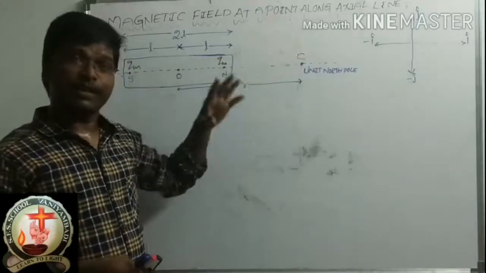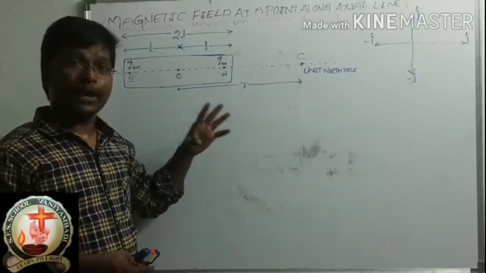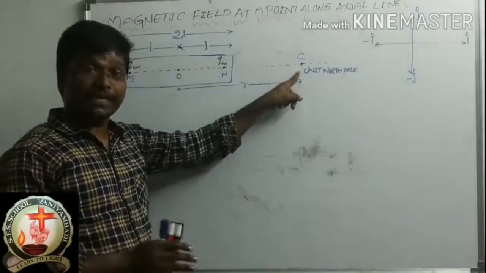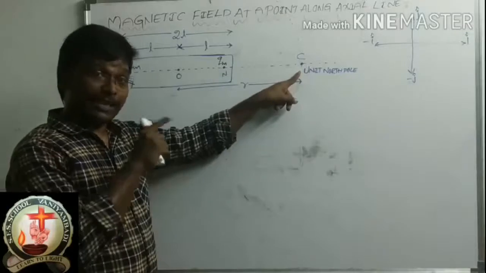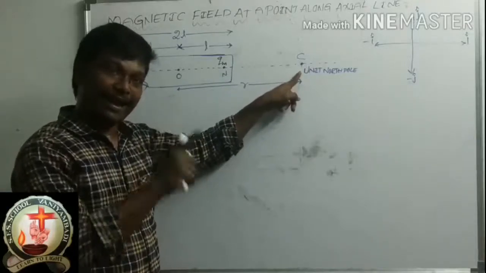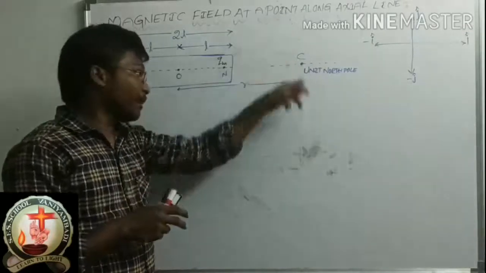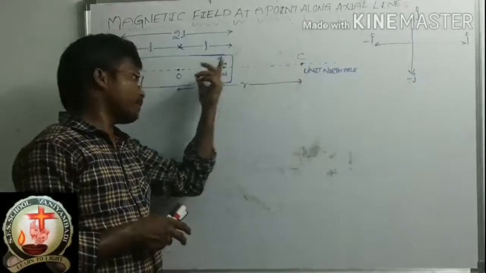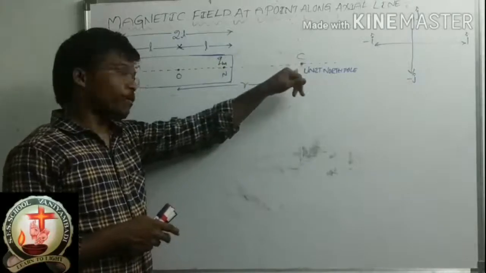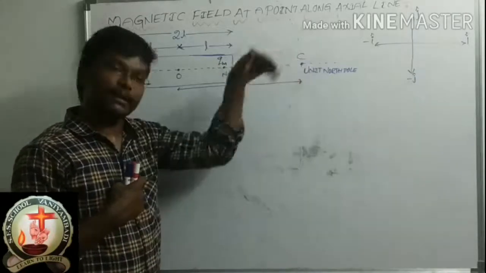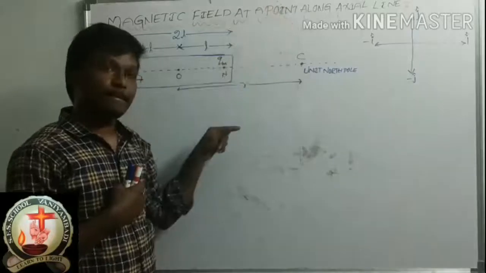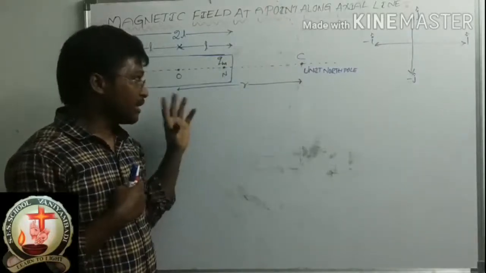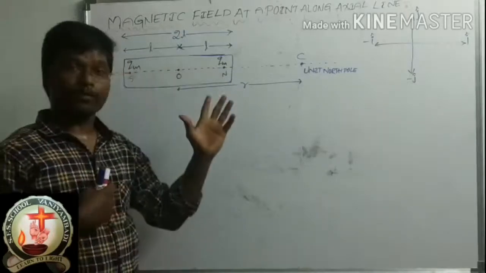After that, let us consider a point C. This point is placed on the axial line and within the region of the magnetic field of the bar magnet. So this is the explanation of the diagram.